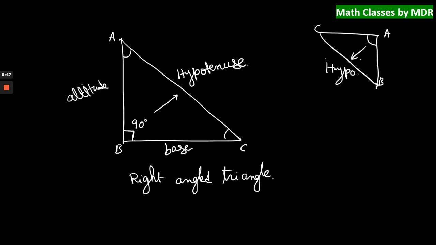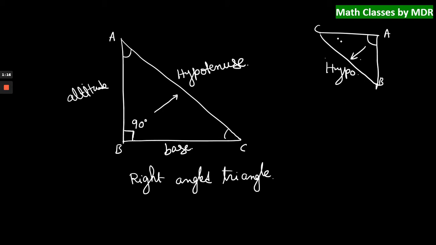And when you take the 90 degrees at B, BC is known as the base and AB is called the altitude or height of the triangle, and the side opposite to the 90 degrees is known as the hypotenuse.